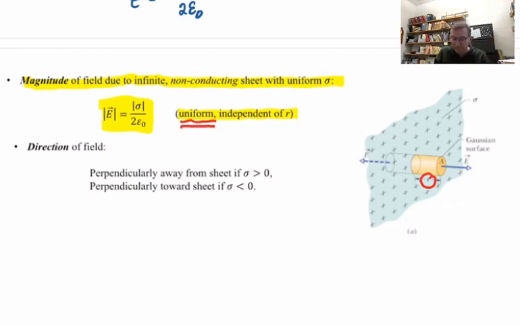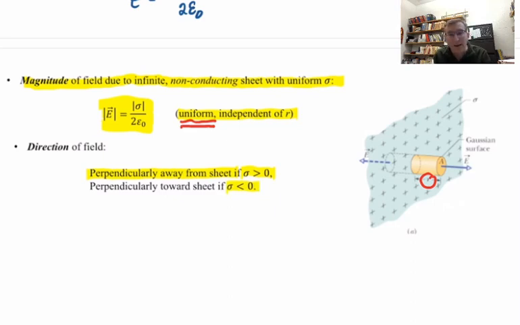Okay? Now, what about the direction of the field? That's important. We got a formula for the magnitude. Well, if the sheet has positive charge, so sigma is positive, then the field points perpendicularly away from the sheet, like our drawing shows. Right? On the right side and the left side, the electric field vector E points perpendicularly away from the sheet. You could have a sheet that is negatively charged, so that the charge per unit area sigma is a negative number.